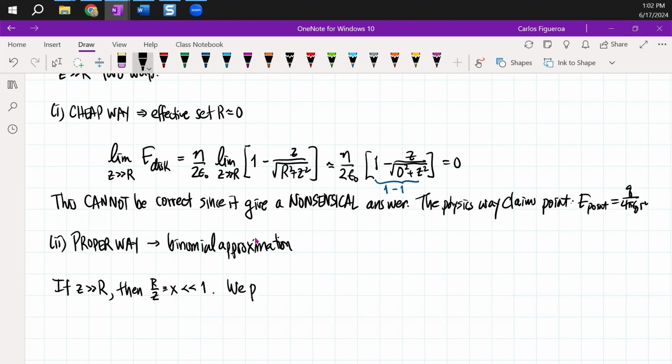This means here we prepare the E-disk field equation into proper form.